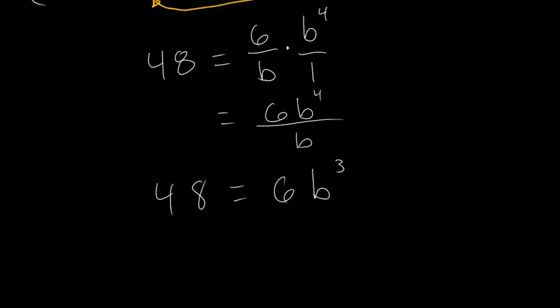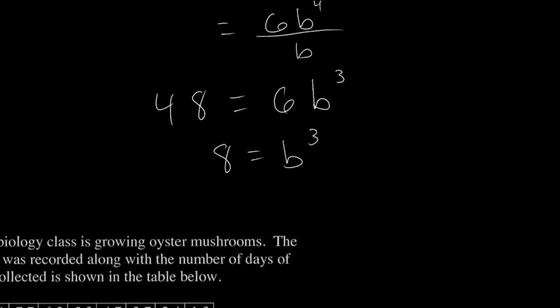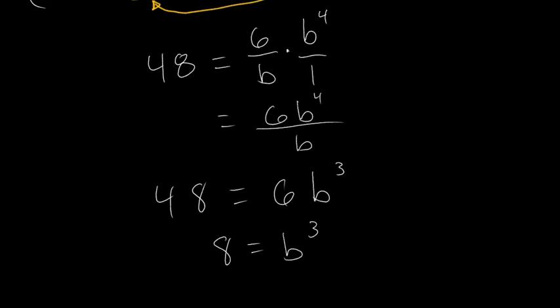So to isolate b to the third, I'm going to divide both sides by 6. 48 divided by 6 gives me 8. 8 is b to the third. And I know that b in this case is just the number 2. I know 2 times 2 times 2 is equal to 8. The other thing I could do, of course, is raise both sides to the 1/3 power.